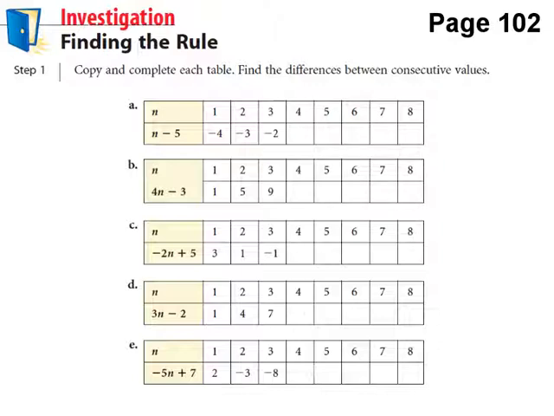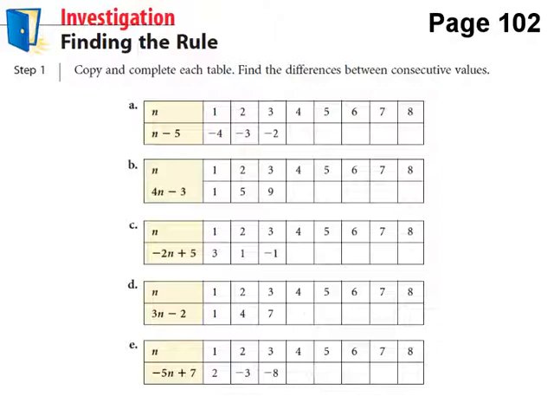So on to minus 5. 7 minus 5 is 2. 4 times 4 is 16. 5 times 4 is 20. 6 times 4 is 24.